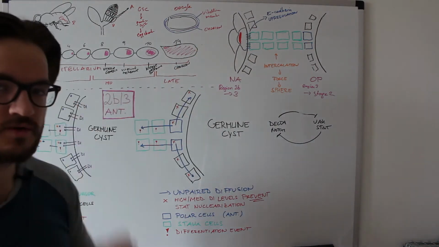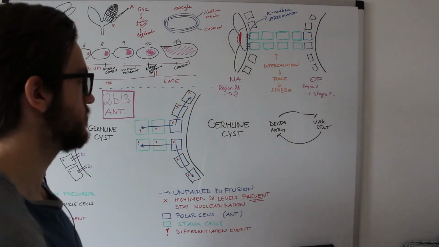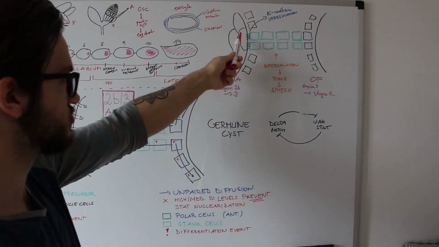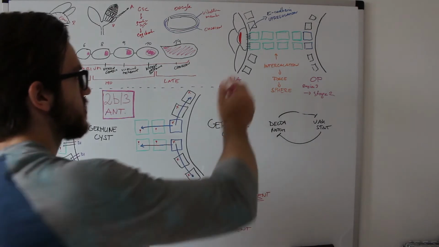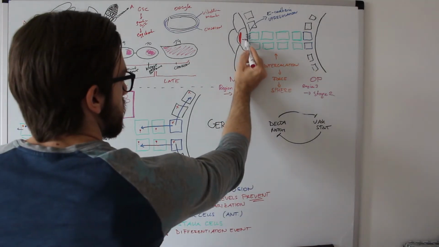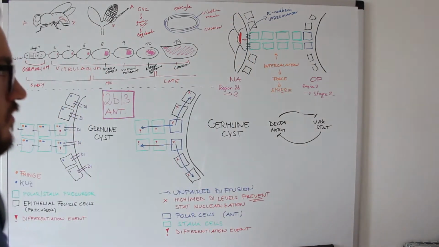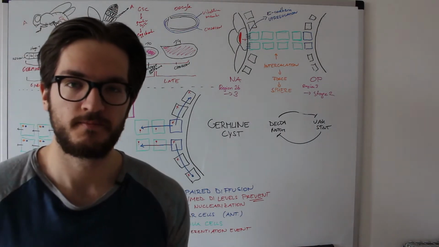And what happens now in late region 3 is that this red structure will be located more posteriorly. So I will draw that here. It will be located more posteriorly within the oocyte.